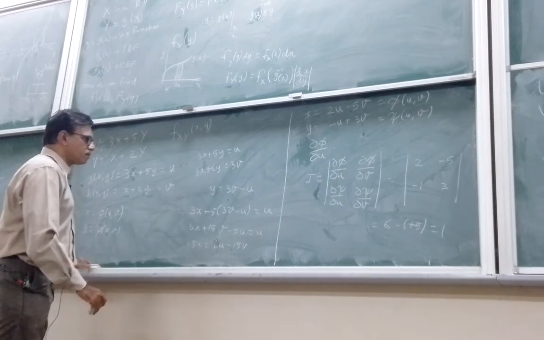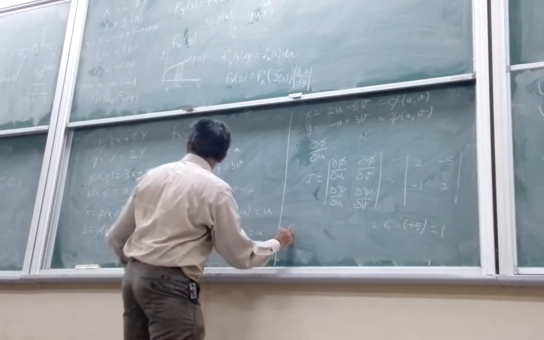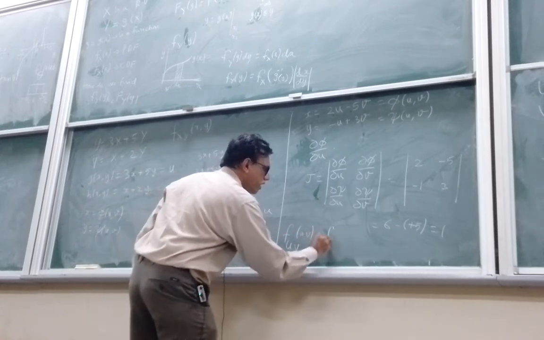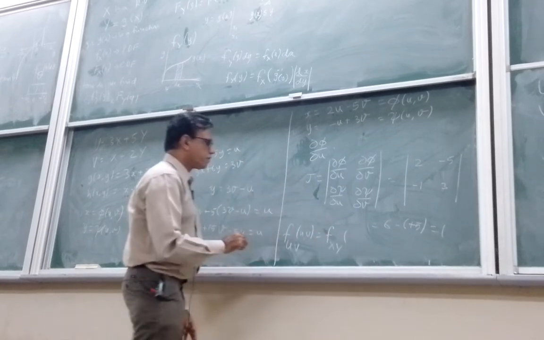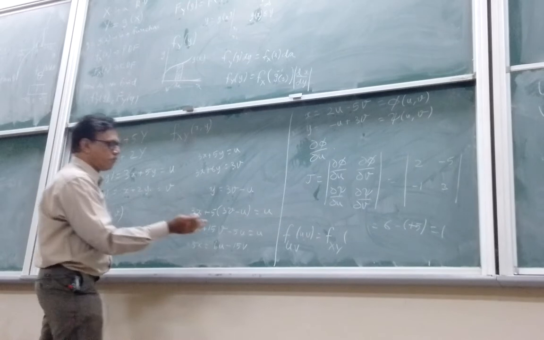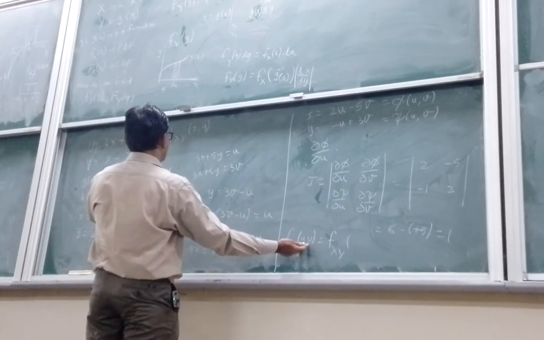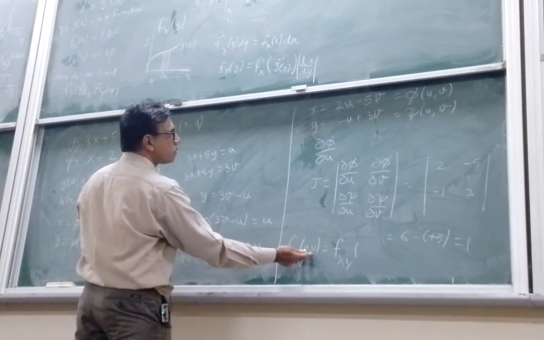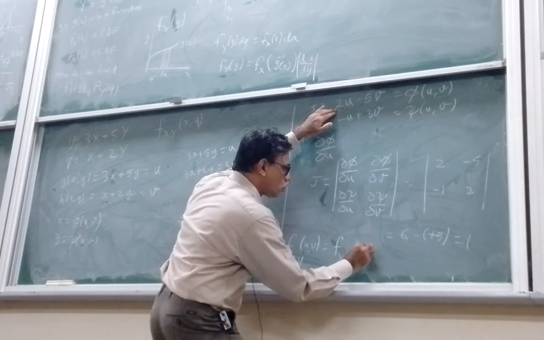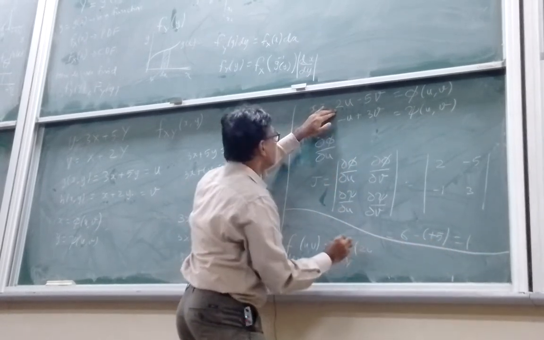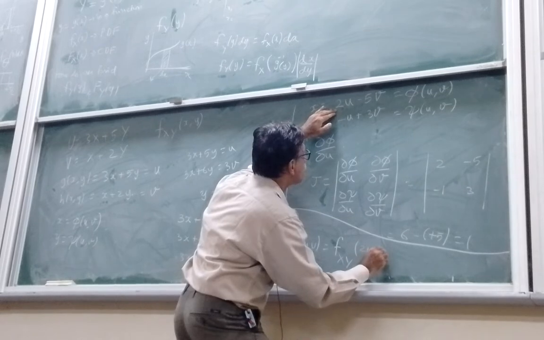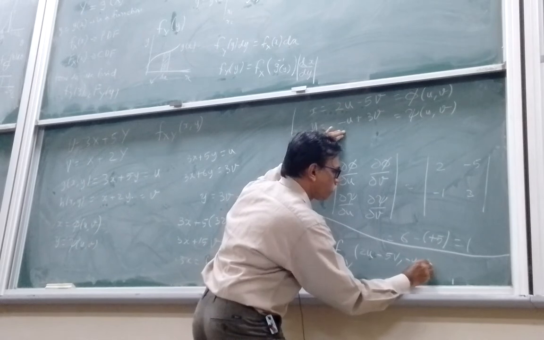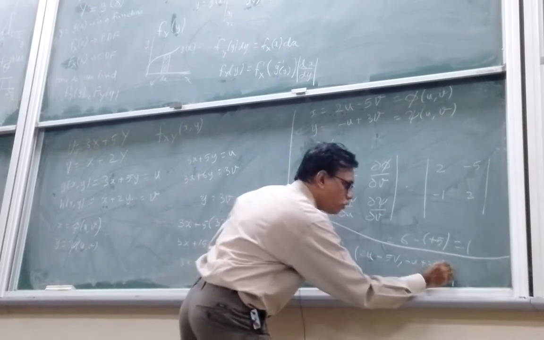So what it means is f of u comma v is equal to f x y, where for x and y I have to put the expressions in terms of u and v, which is this one: 2u minus 5v comma minus u plus 3v, into 1.